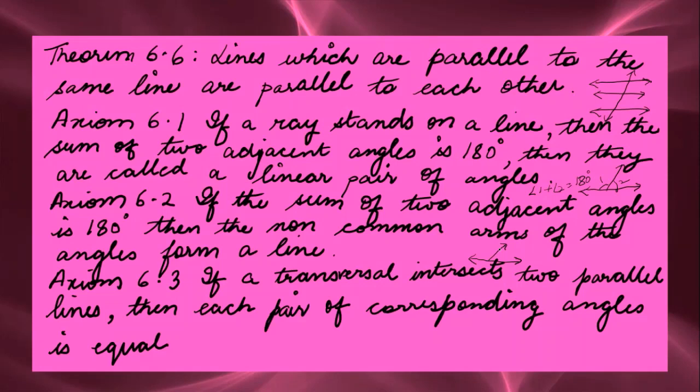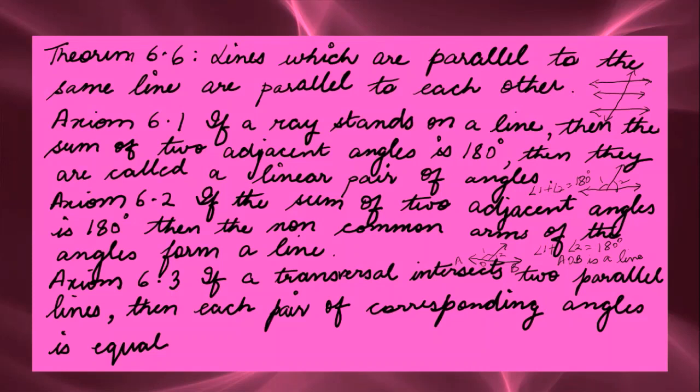But in this case, if angle 1 plus angle 2 is given to be 180 degrees, then you can say AOB is a line. This is the reverse of Axiom 6.1.